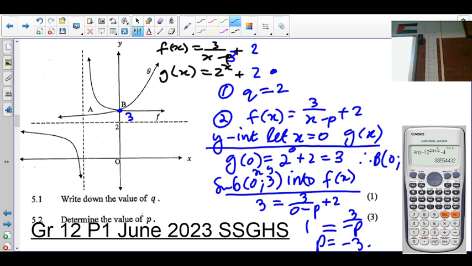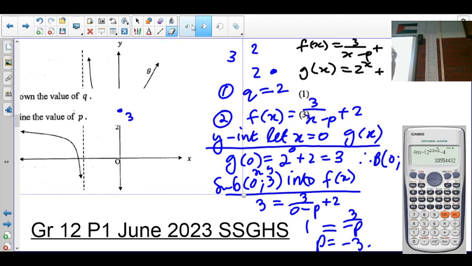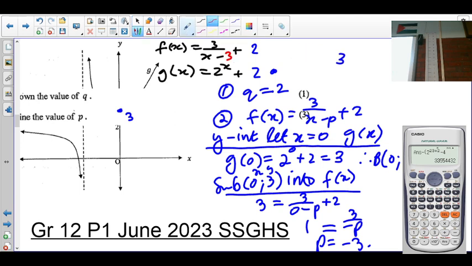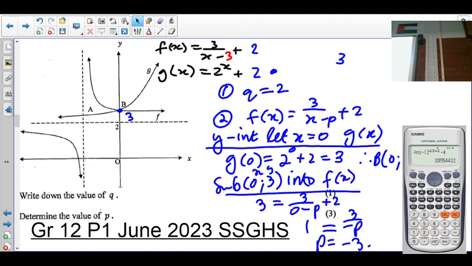Okay. P is negative 3. That's correct? Okay, so P is negative 3.